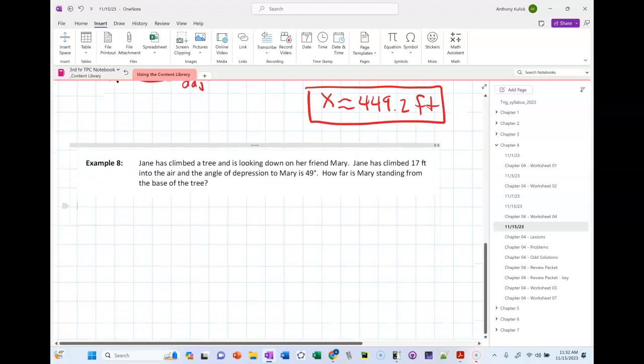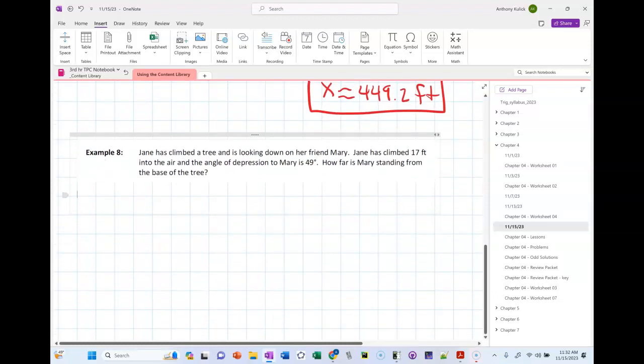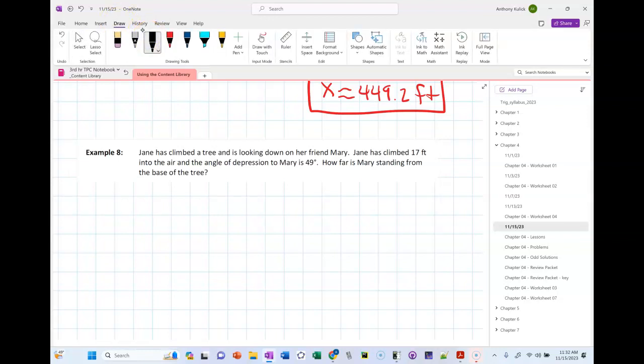Jane has climbed a tree and is looking down at her friend Mary. She has climbed 17 feet into the air, and the angle of depression to Mary is 49 degrees. How far is Mary standing from the base of the tree? What should we begin by doing? Drawing a picture.